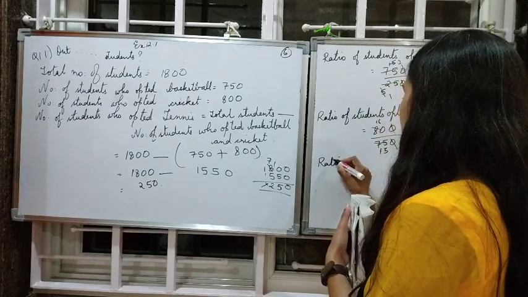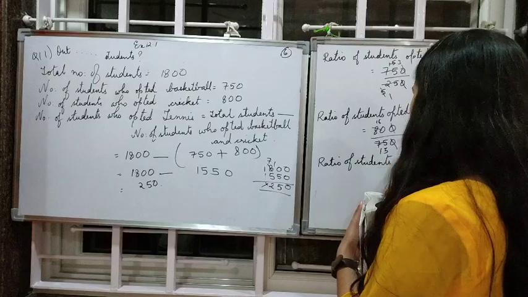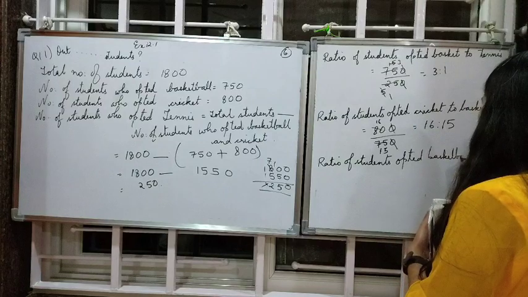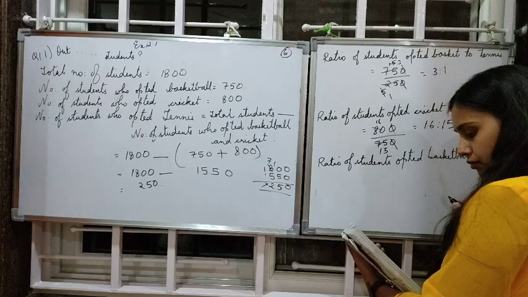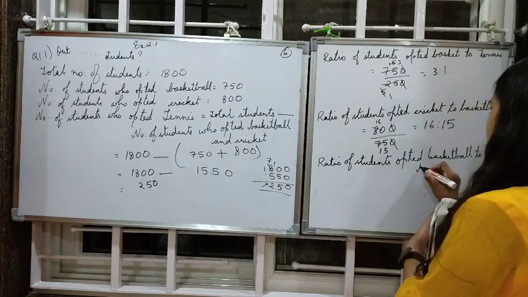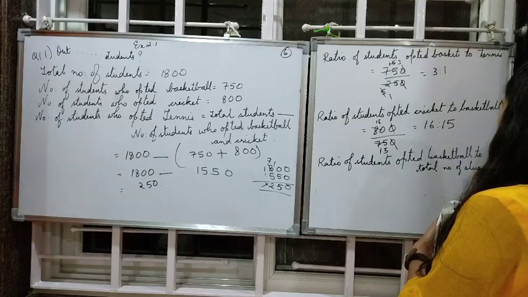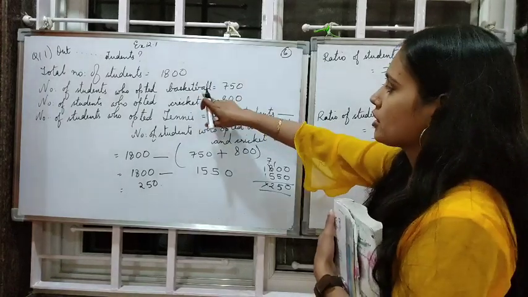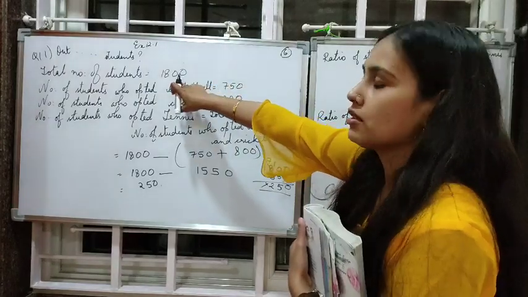Then the ratio of the number of students who opted for basketball to the total number of students. The basketball number is 750 and the total is 1800.